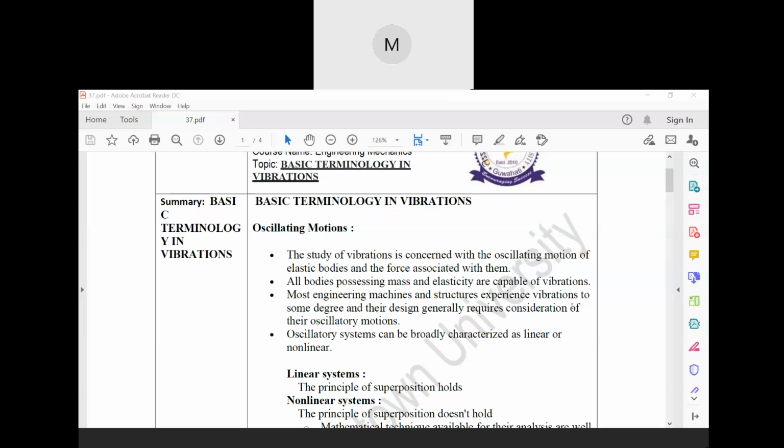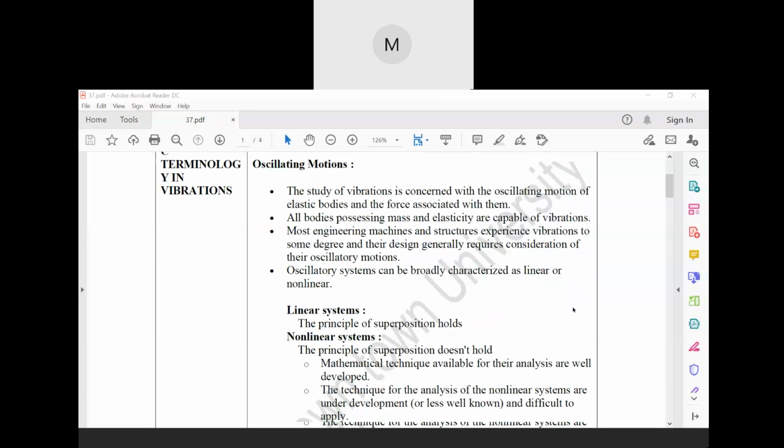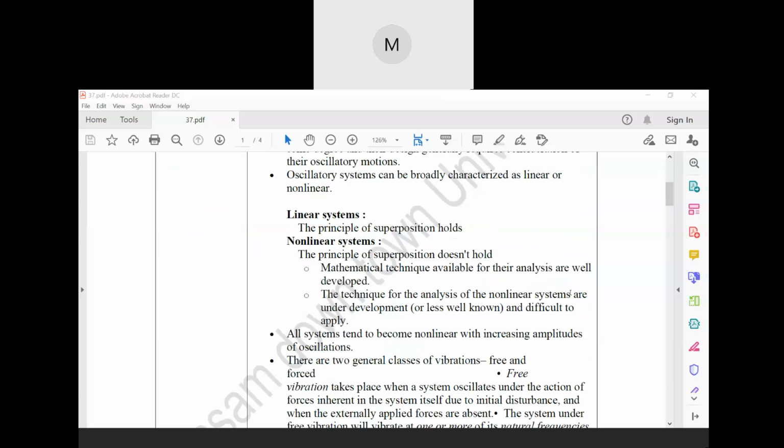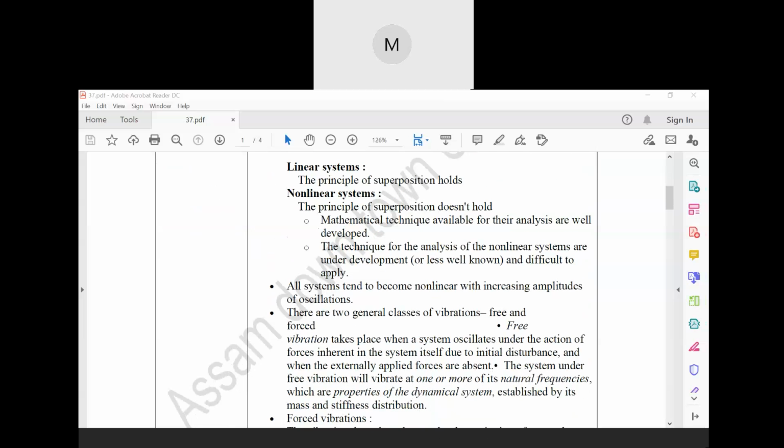So what is a linear system first of all? A linear system means the principle of superposition holds good. That means what?